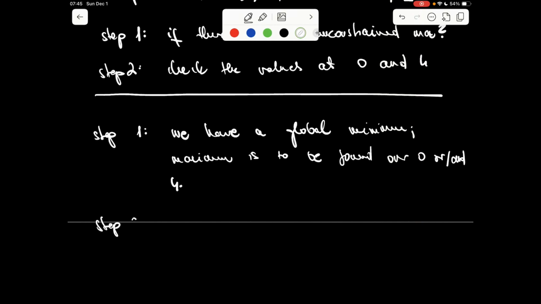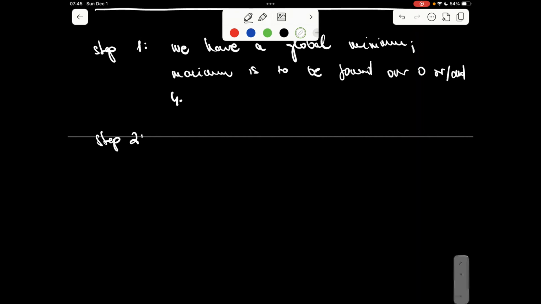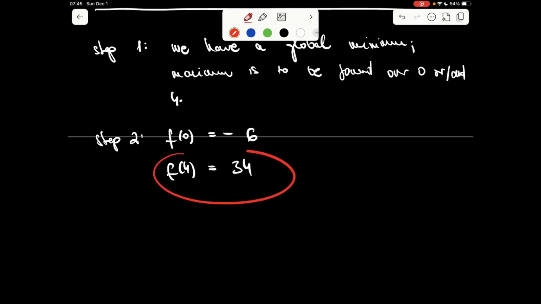Step 2. We need to check the values at the endpoints. So f(0) is -6 and f(4) is 34, and this is the maximum.